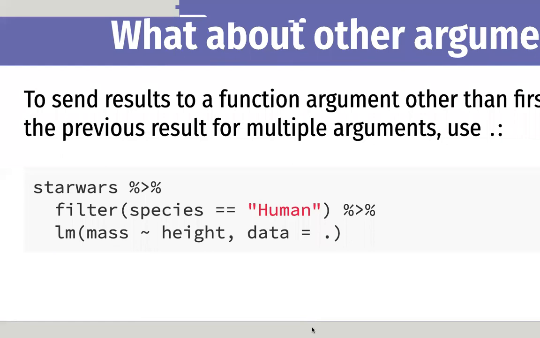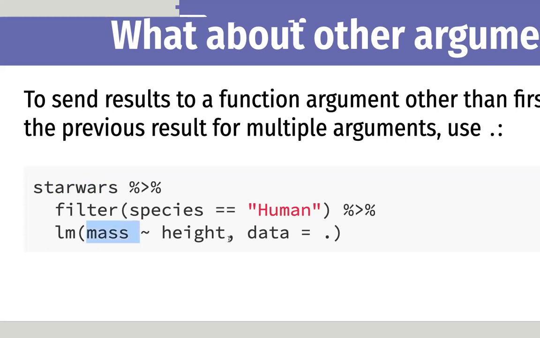And you can actually send results to function arguments other than the first one. And so you do that using a dot. So for example, if I wanted to take some data and filter it, so it's taking this data and putting that data in the first argument of the filter function, and I'm filtering it to only include humans. I could pipe this into the LM function to fit a model.